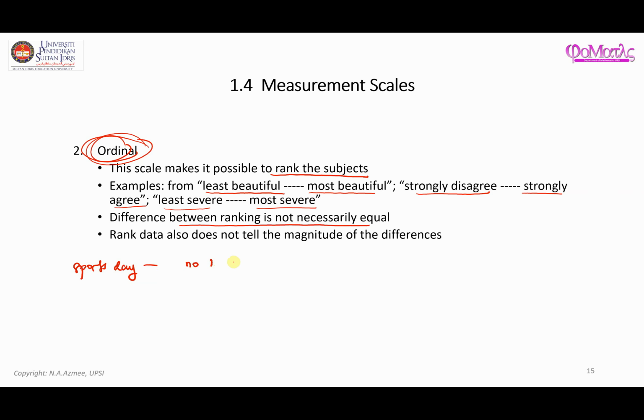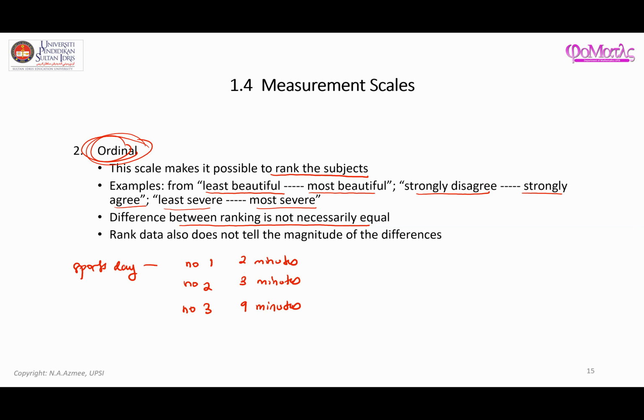Let's say this person completed the race within 2 minutes. The next person that completed the race will be ranked as number 2, and this person completed the race within 3 minutes. The next person will be ranked as number 3, and let's say this person completed the race within 9 minutes.